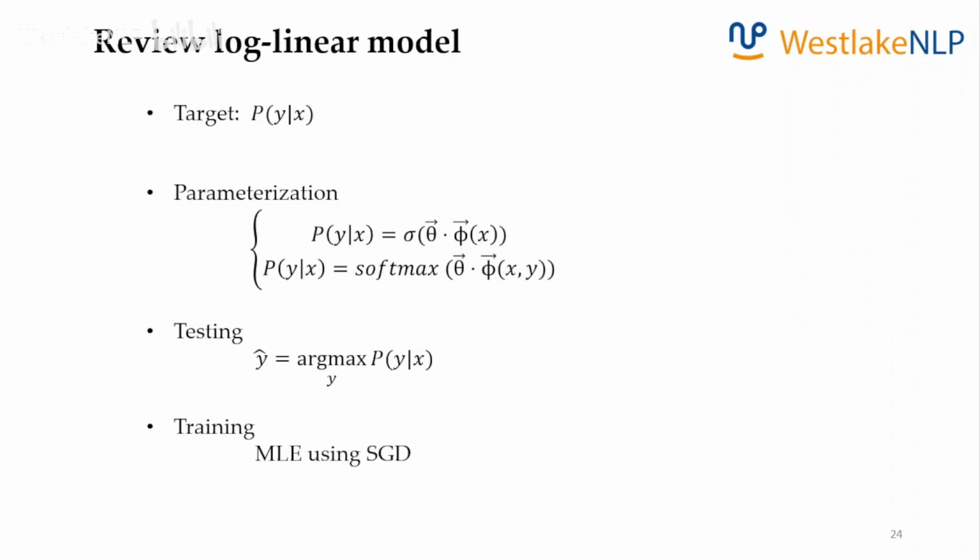We define a feature vector over x and y, and our model parameters are a parameter vector as large as the feature vector. We assign a model parameter to weight each feature. The model score is calculated as either the sigmoid of theta dot phi or the softmax of theta dot phi, depending on binary or multi-class classification. This is the parameterization step.